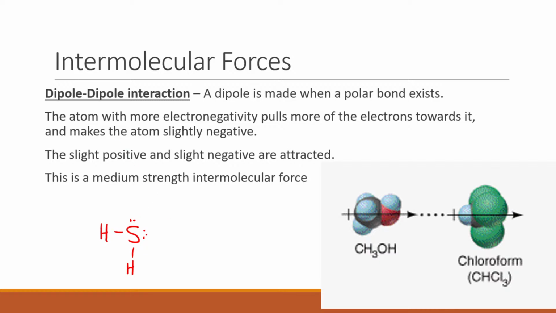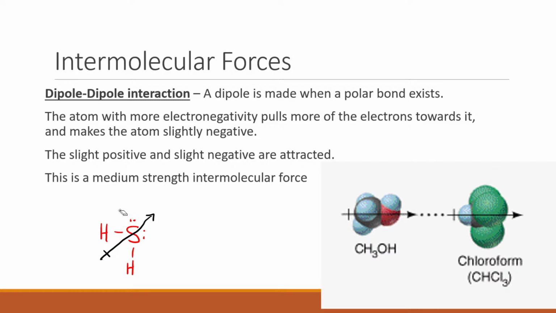And so if we look, a dipole is the part of the molecule where the electrons get bunched up. Sulfur is a stronger puller of electrons. Sulfur has a larger electronegativity, so it pulls the electrons closer to itself.